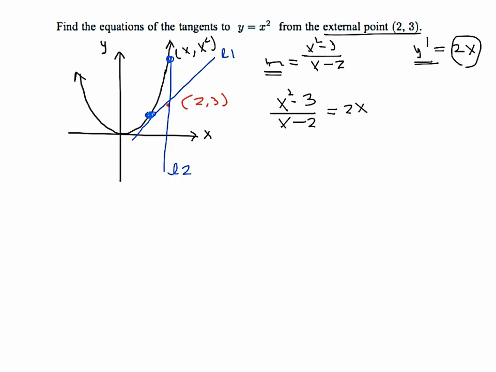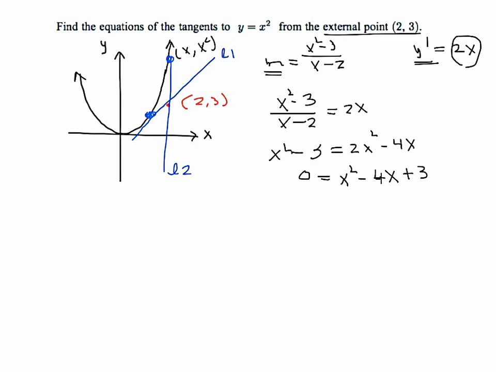Now cross multiply, you have x squared minus 3 equals 2x squared minus 4x. Moving everything onto one side, you get x squared minus 4x plus 3 is equal to 0.